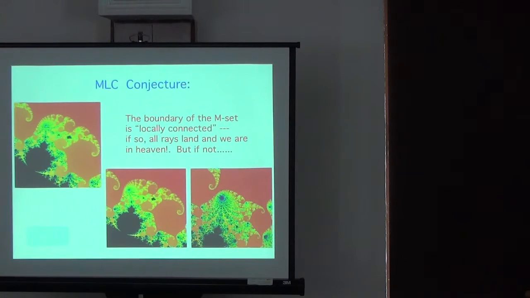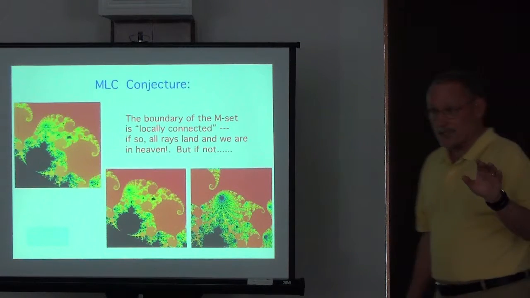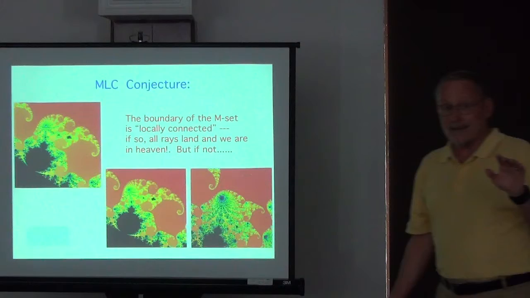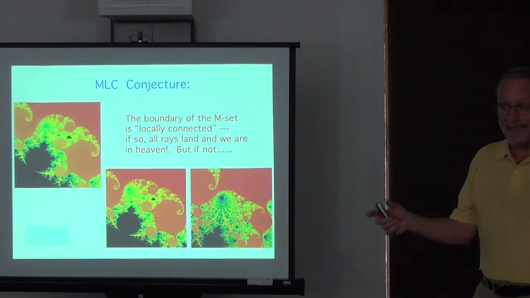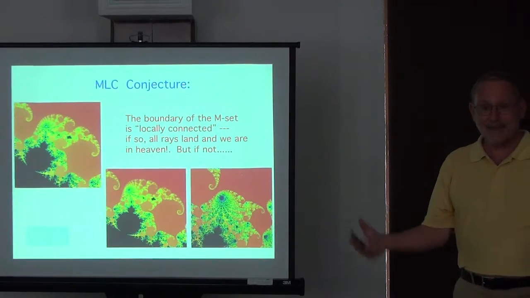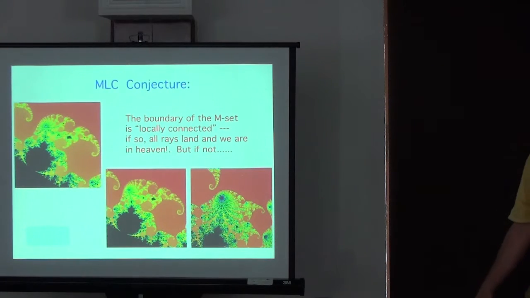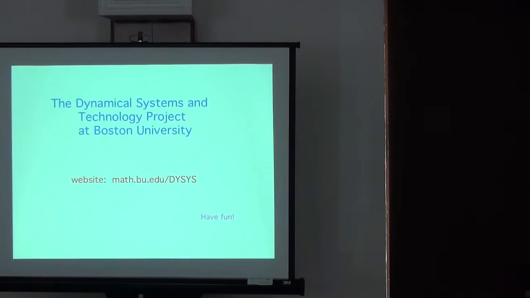And if they don't all land, we're in real trouble. We'll never understand x squared plus c. The end of mathematics. You don't understand x squared plus c. Yeah, you can see these pictures are getting more and more intricate.